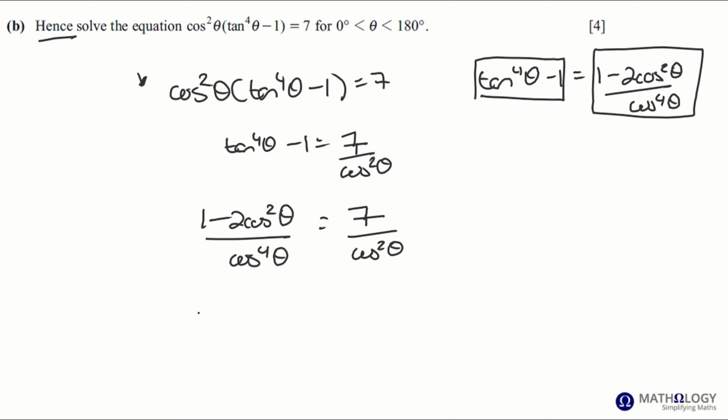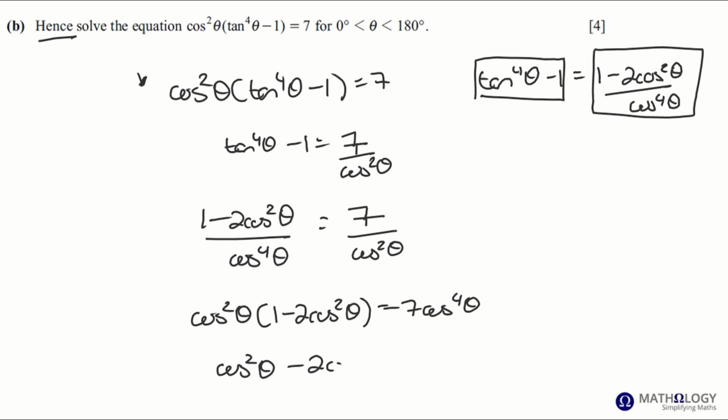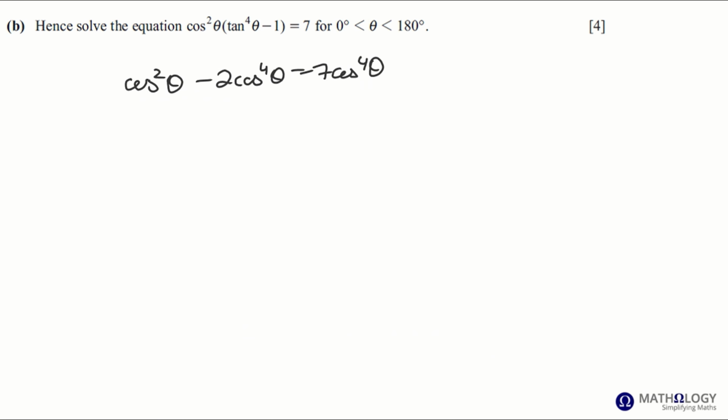So cross multiplying, cos squared theta times 1 minus 2 cos squared theta equals 7 cos to the 4 theta. Multiplying in, cos squared theta minus 2 cos to the 4 theta equals 7 cos to the 4 theta. All terms over to one side, the other side equal to 0, gives us 9 cos to the 4 theta minus cos squared theta equals 0.